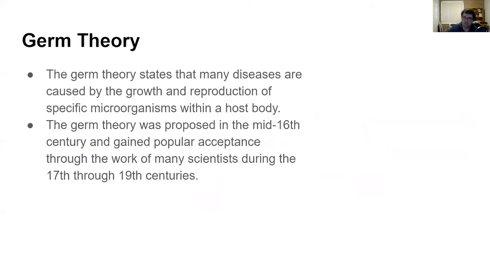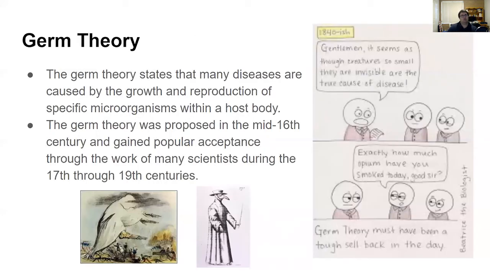Worth a read. All right, so let's take a look at some history, specifically germ theory, which looks at how we got to understanding that many infectious diseases are caused by pathogens, by tiny microorganisms.